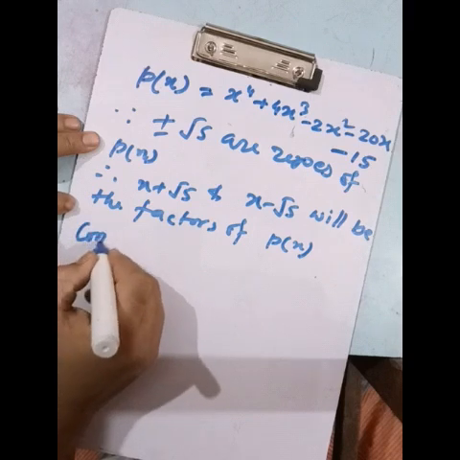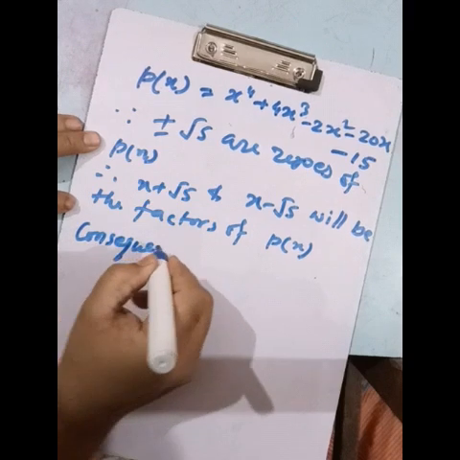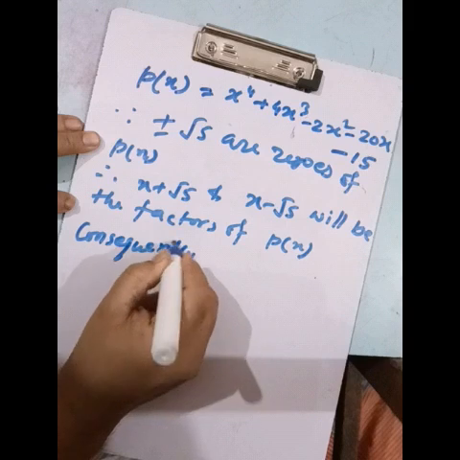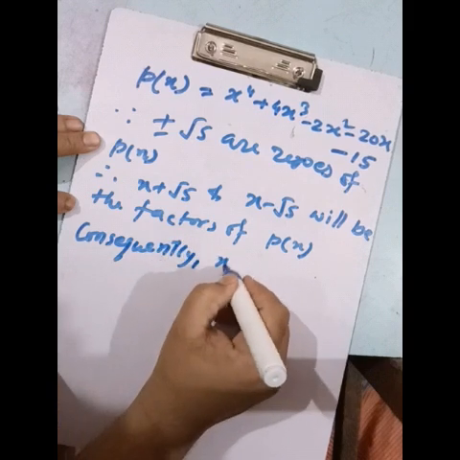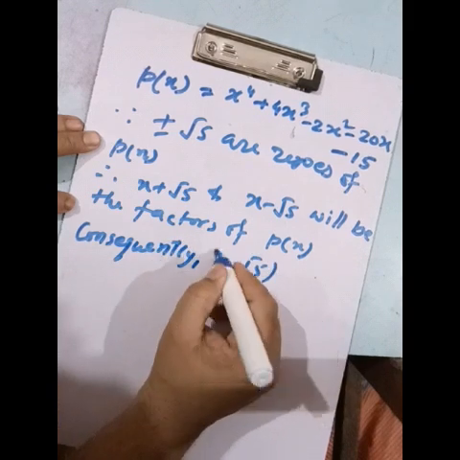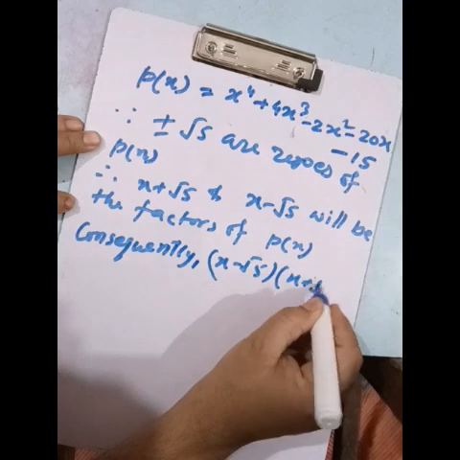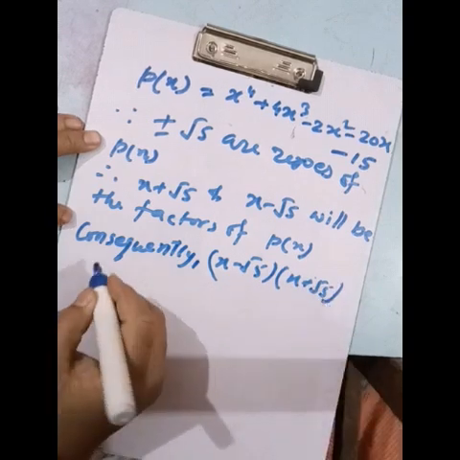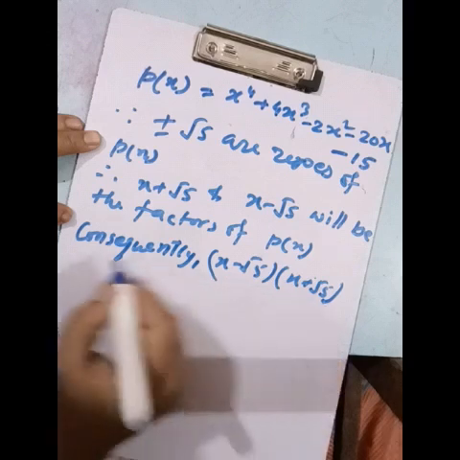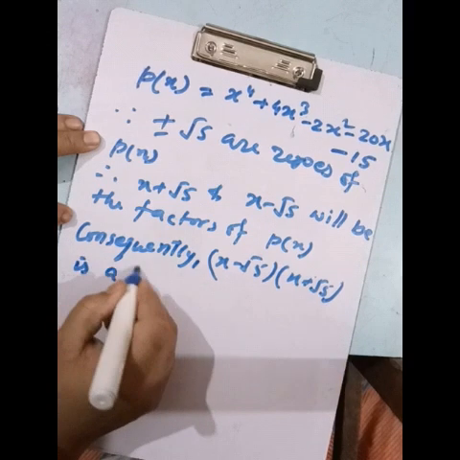Consequently we can write x minus root 5 into x plus root 5 will also be a factor of p(x).